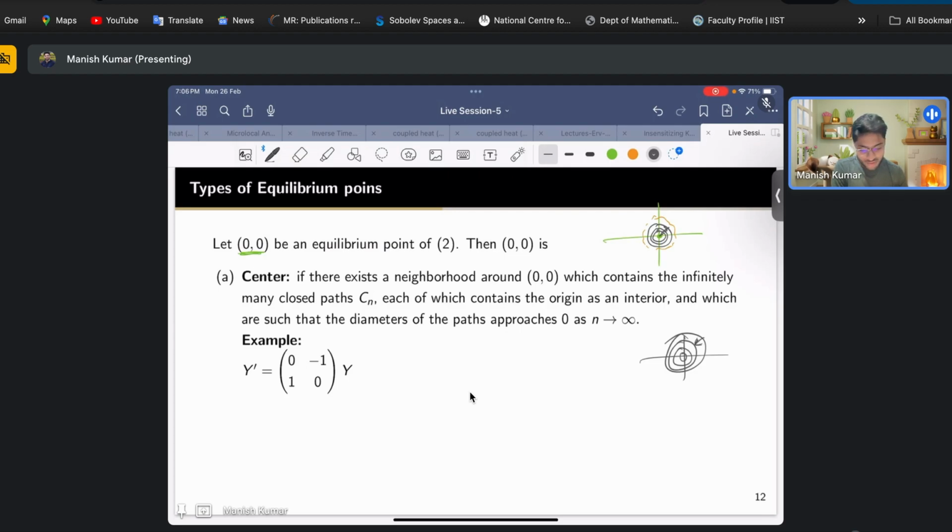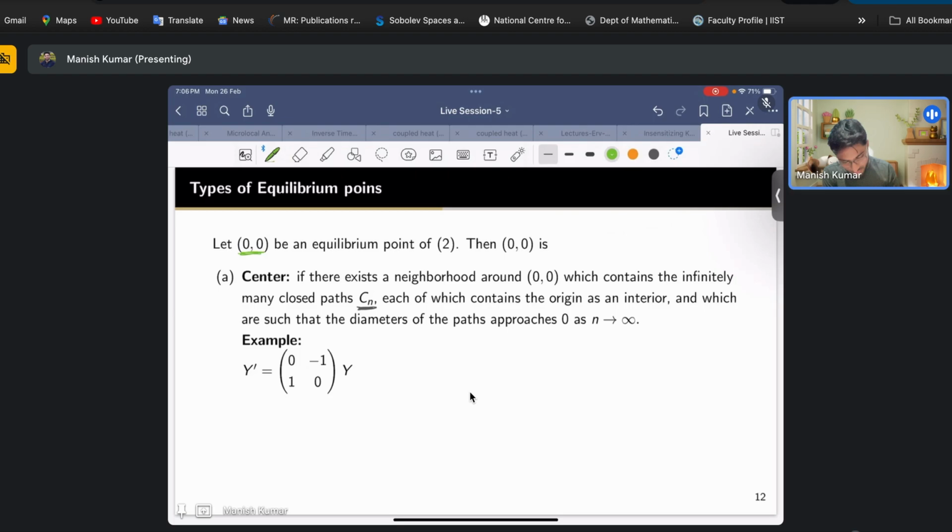So it depends just on the enumeration of the Cn, nothing else. The main idea is that the size should be converging to 0, becoming very small. This is how we define the center: this equilibrium point 0, 0 is a center if such a thing happens. Let us look at this example.